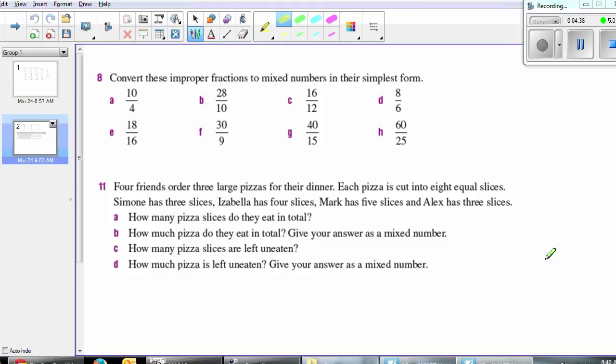So Simone, she ate 3 slices, so that is 3/8. Isabel, she ate 4 slices, that's 4/8. And Mark has 5 slices, so that's 5/8. And Alex had 3 slices, which is also 3/8.